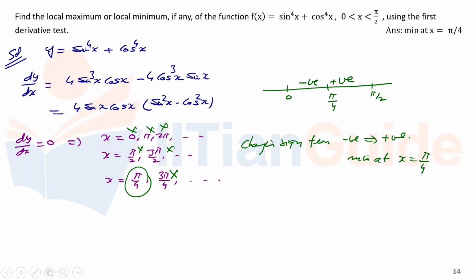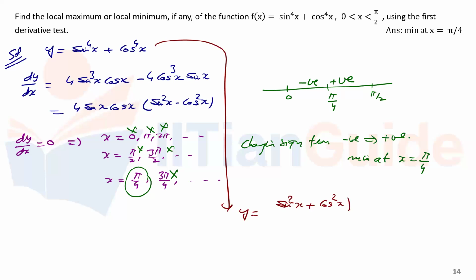However, with trigonometry, we can solve it easily. I will write y directly as sin square x plus cos square x whole square minus 2 times sin square x cos square x.